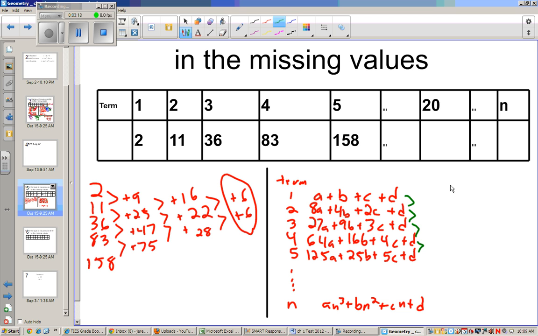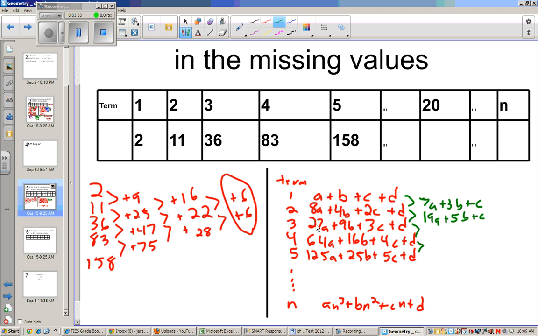when we subtract these two rows, I'm going to get 7a plus 3b plus c. These two rows, I'm going to have 19a plus 5b plus c.